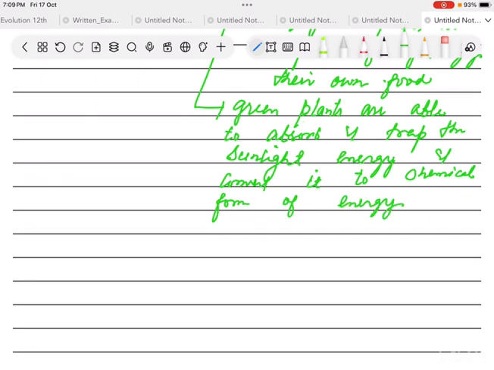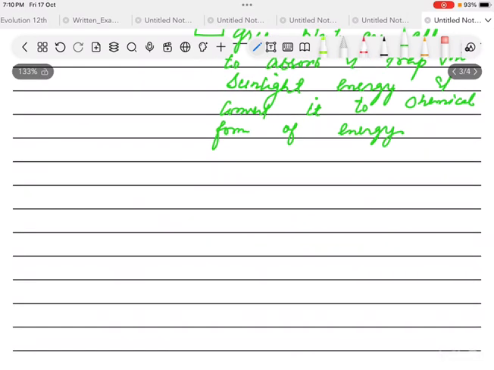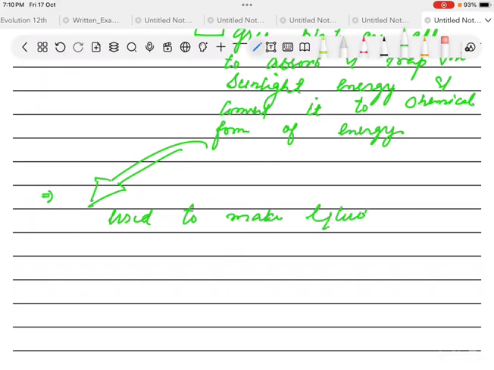Fine. Now, that chemical energy which was formed during this process of photosynthesis is used to make glucose from water and carbon dioxide.